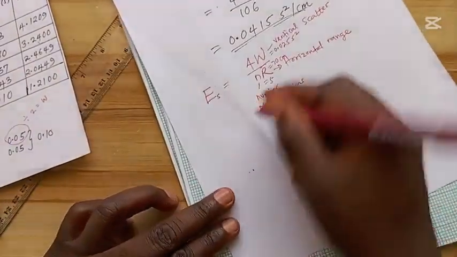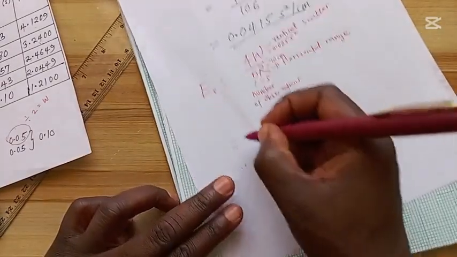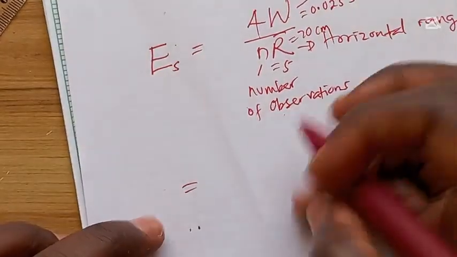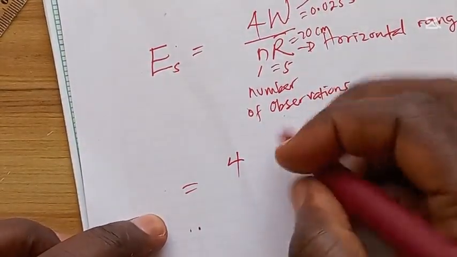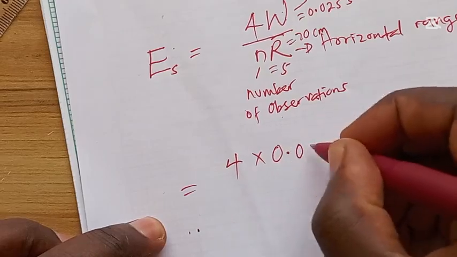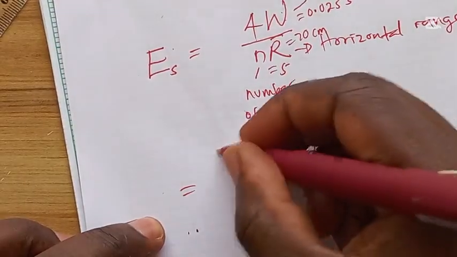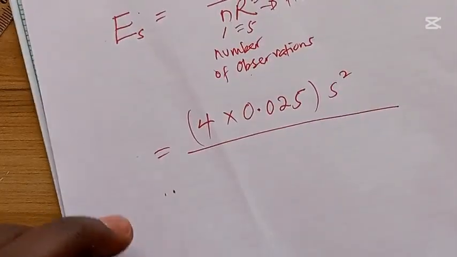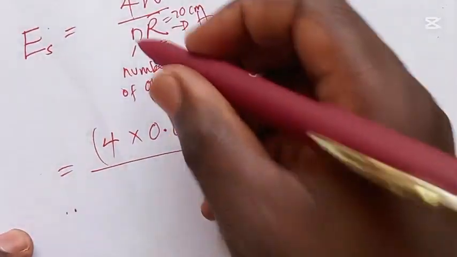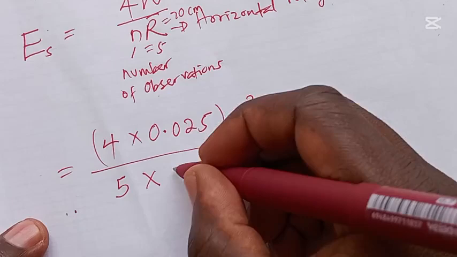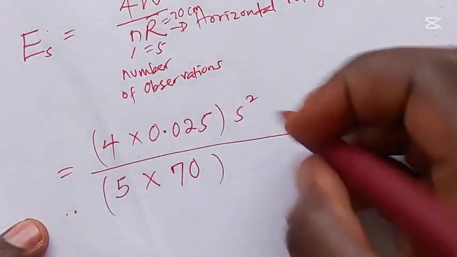Now from here, if we substitute these values, we will see that our E, the error in slope, let me zoom that, will now be 4 times W, and W is 0.025, everything in seconds squared, divided by n. Our n is 5 because we have 5 observations, multiplied by 70, and then everything in centimeters.